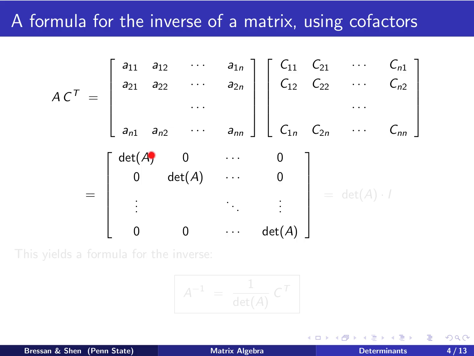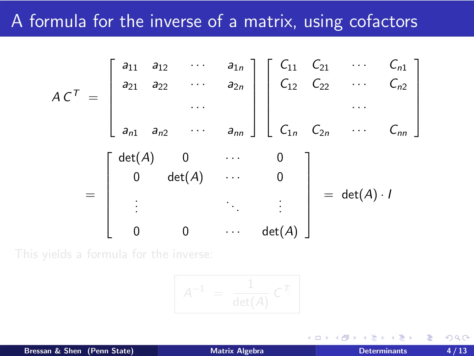If I consider the diagonal element here, say 1,1, so this row and cross that column, element-wise multiplying and adding them up, that will give you the determinant of A, and so will the second position with this one cross that, which will give you the determinant of A, and in fact all the diagonals will give you the determinant of A, and all the off-diagonal elements, say this one cross that, will give you 0, and so on for everything else.